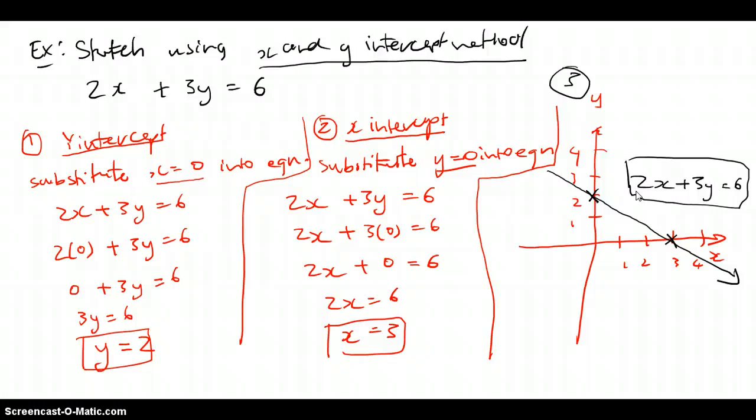Okay, I'm going to give you one more example, and this example is going to be sketched using x and y intercept method as well, except let's look at 4x plus 2y is equal to 16. So step 1, hopefully you remember what step 1 is.